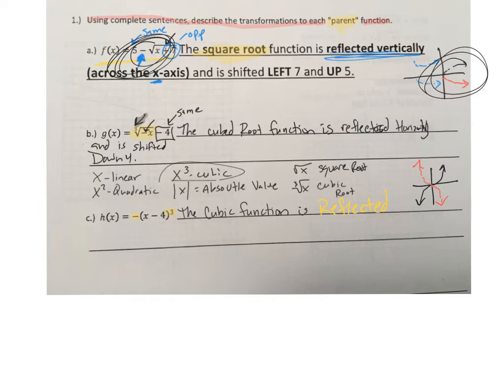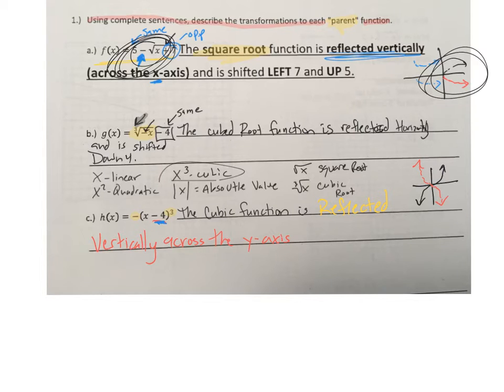So it's going to be reflected vertically again, across the y-axis. And then I'm going to look and see what else is happening. Well, I have this -4 on the inside.